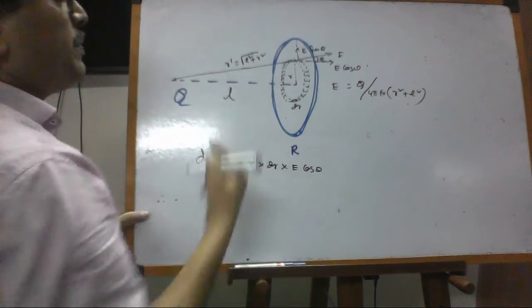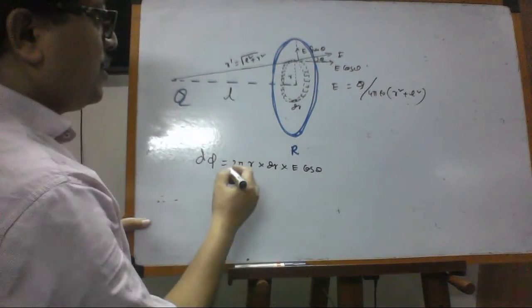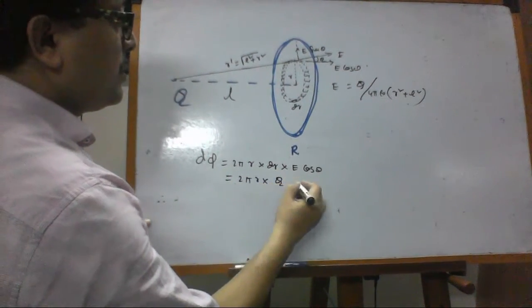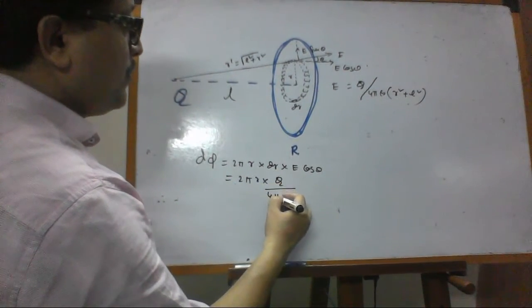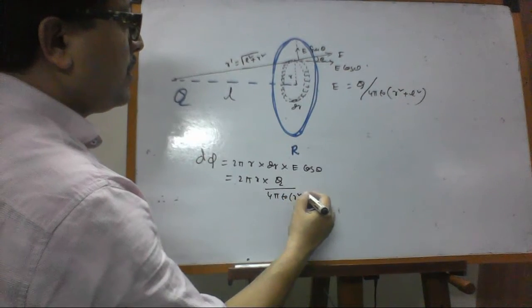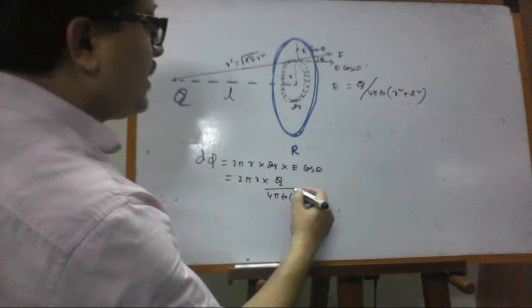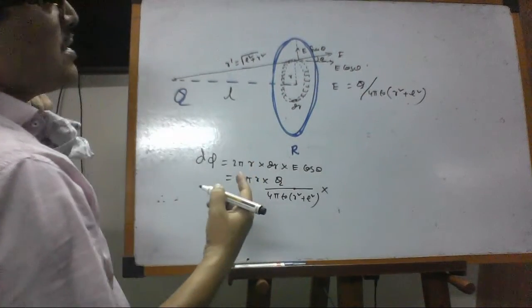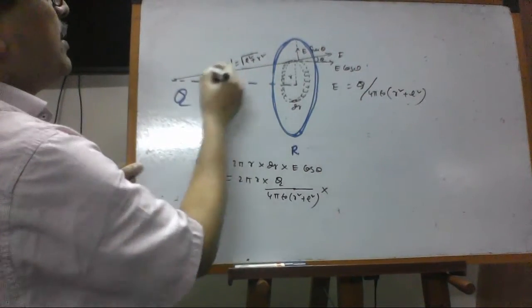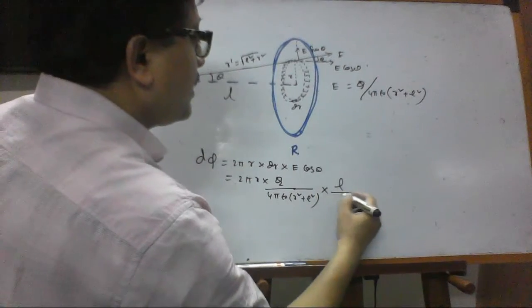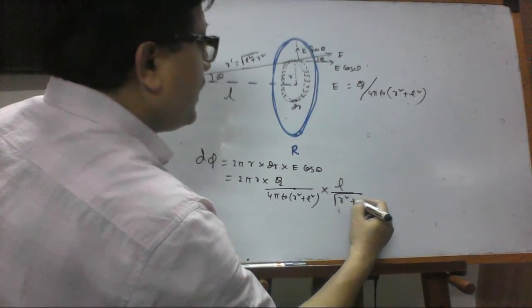So you substitute here 2 pi r into Q by 4 pi E0 into r square plus L square, into cos theta. What is the value of cos theta here? This one is theta, this one is also theta. Cos theta is going to be L by root over r square plus L square.